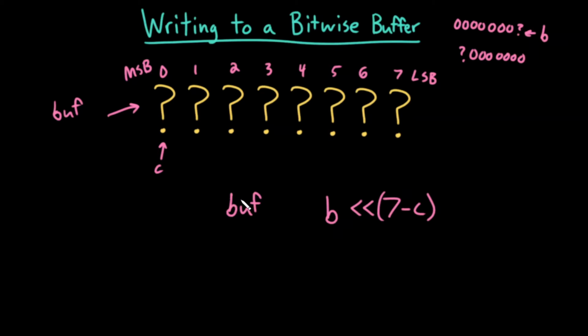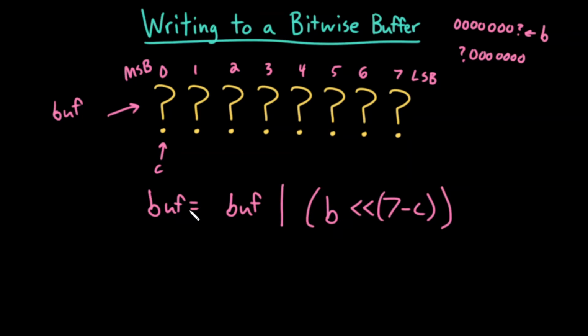So if I OR my buffer, which is initially all 0, with the result of shifting this over left to the right spot, then ORing my buffer with the result of that will set the corresponding bit to be B. So I'm going to OR my buffer with the result of this, and I'm going to update my buffer to store that value.